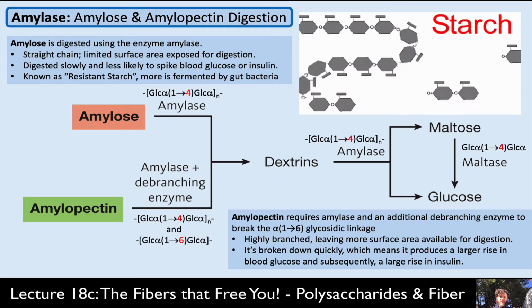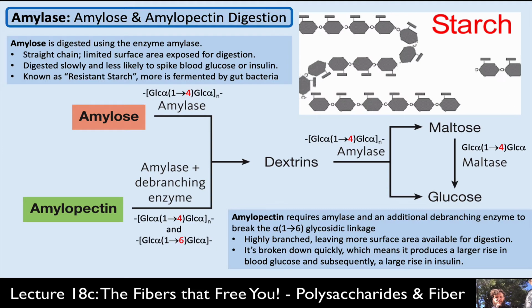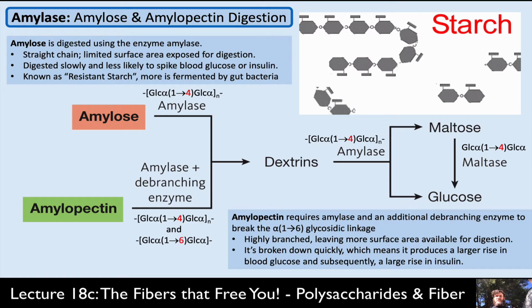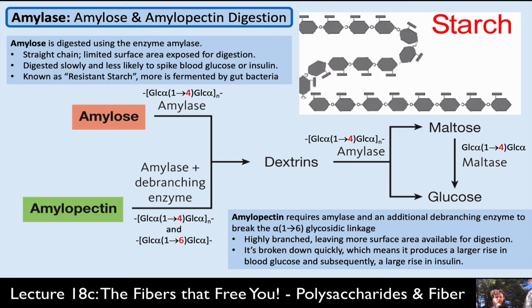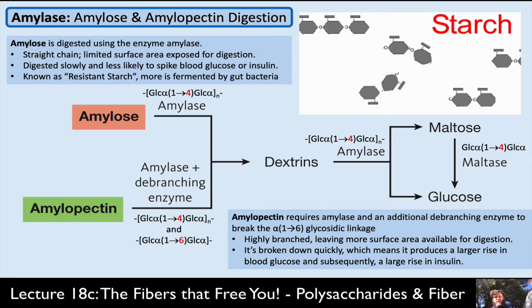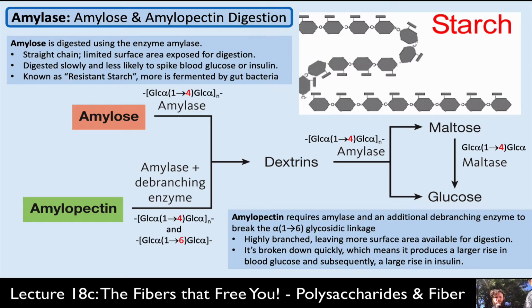Amylopectin, so the point I'm making here at the bottom, I think it's a good one. Because amylopectin is highly branched, there's a very high surface area available for digestion, so the enzymes can get at the saccharide much more readily than they can in amylose.